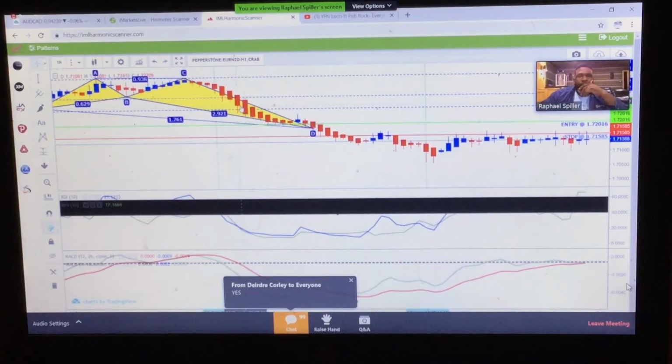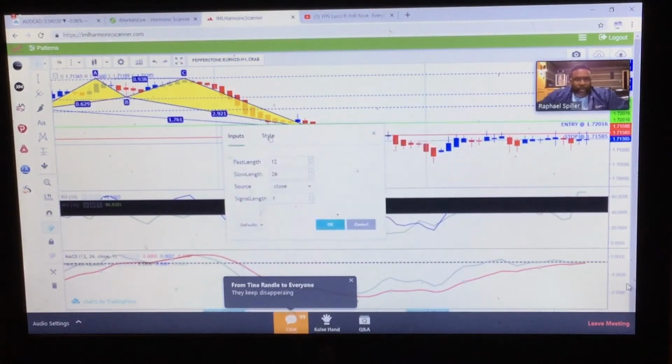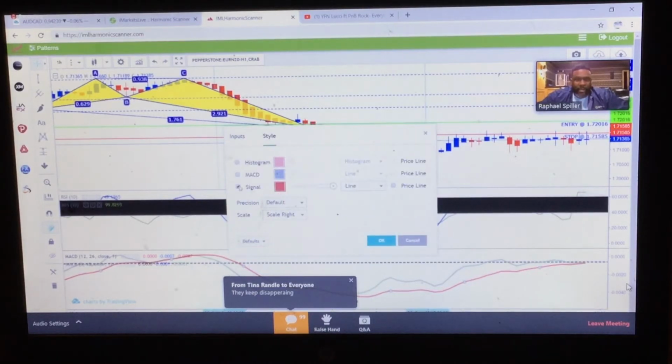Now people are asking me for the settings again. They asked me for the settings for the MACD. Notice I'm being repetitious. I'm being really nice tonight. So the first setting for the MACD: you got 12, 26, and 1 for the red one. The style was red. I believe only the signal line showing.